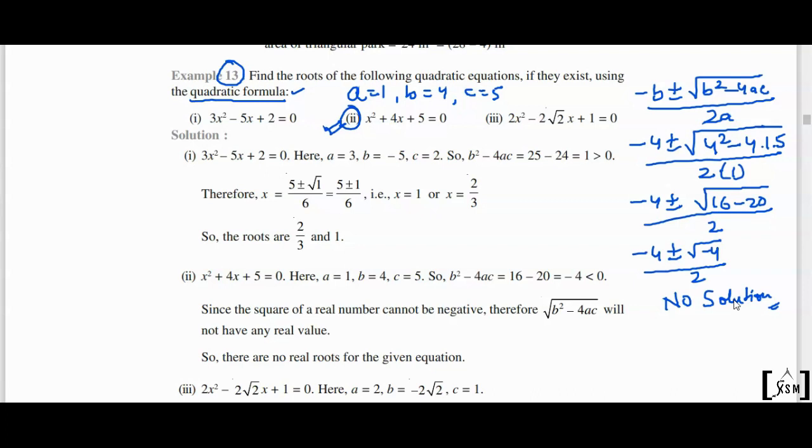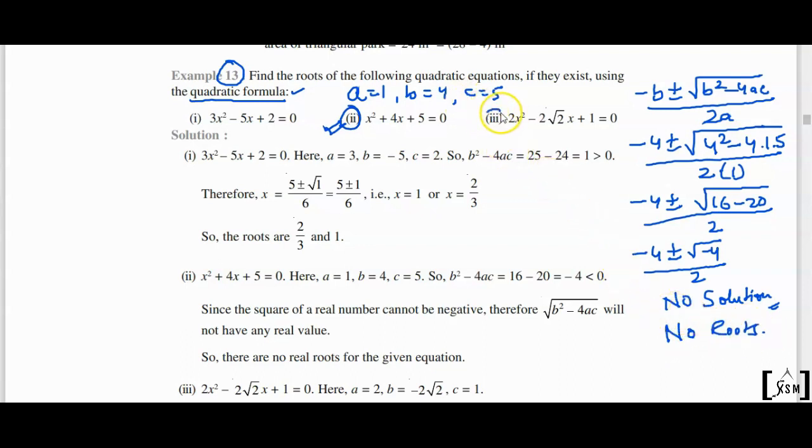So never think that the quadratic formula has failed in this question. The quadratic formula always works, and we have found that there is no value of x possible in this equation. No solution or no roots is the same thing, right?